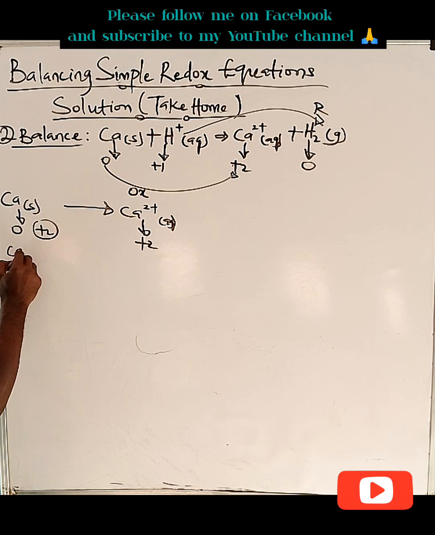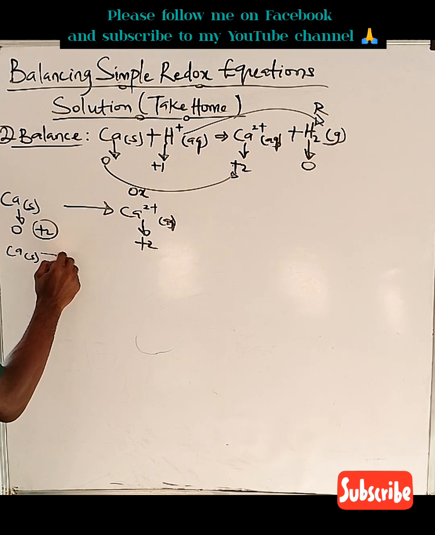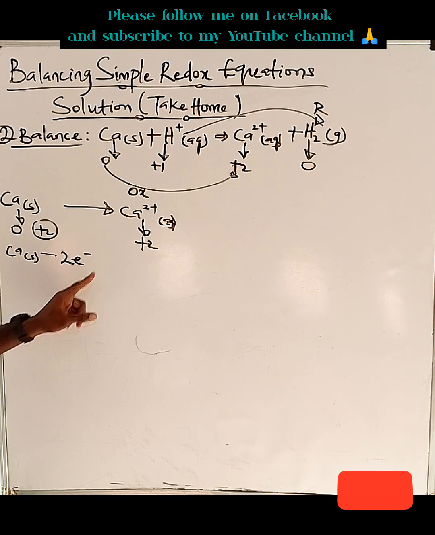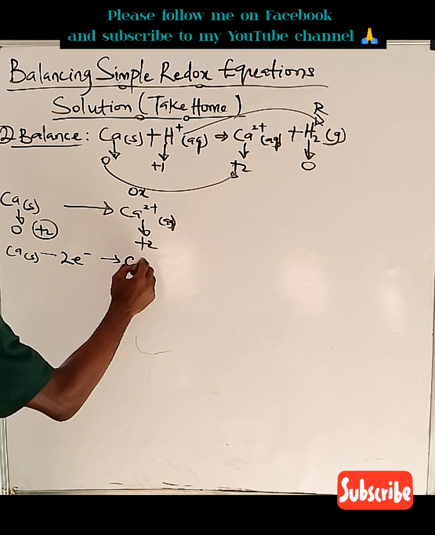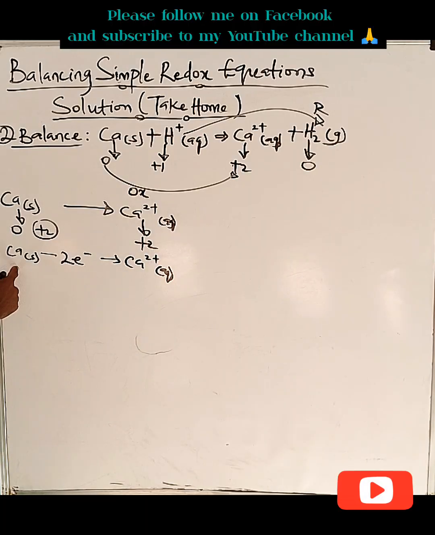So how do we do that? We're going to do that using our electrons. Don't forget that means you're going to minus 2 electrons. How do we mean? This 0 here, minus 2 electrons, that's 0 minus 2 times minus 1, that's 0 plus 2. So we have calcium minus 2 electrons equals calcium 2+ aqueous.